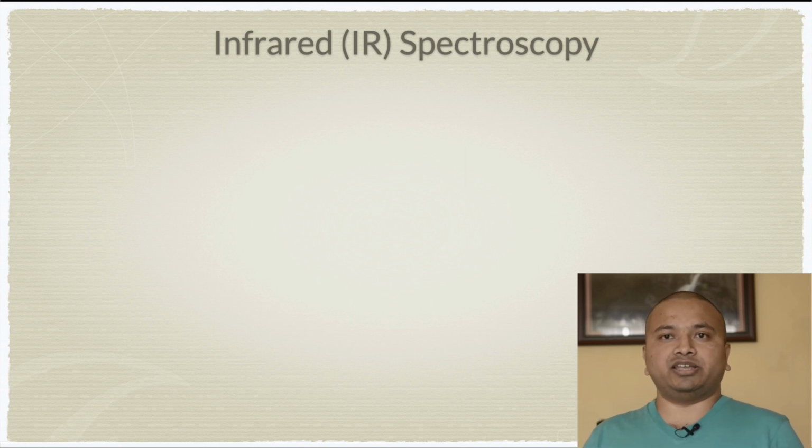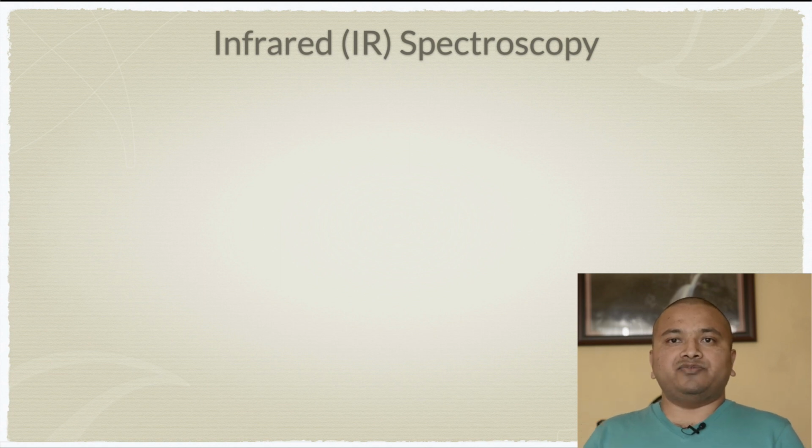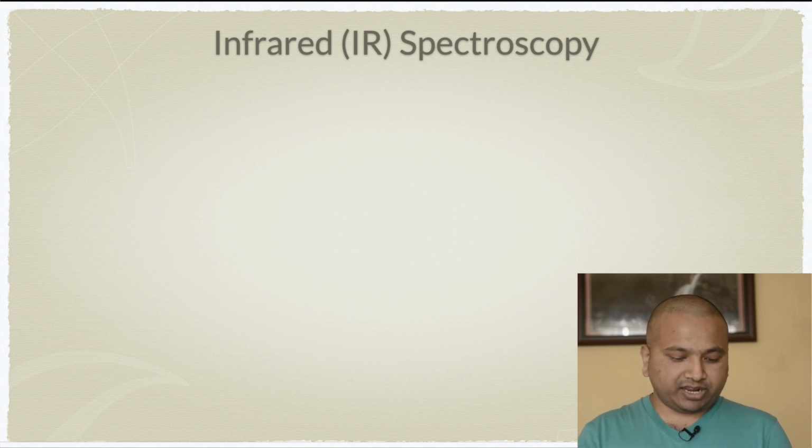So that is one thing to note, and because of that, it will not be able to excite the electrons. Instead, the excitation takes place on the vibrational levels, and because of this, the interaction of IR radiation with a molecule is mostly on the vibration of a bond.